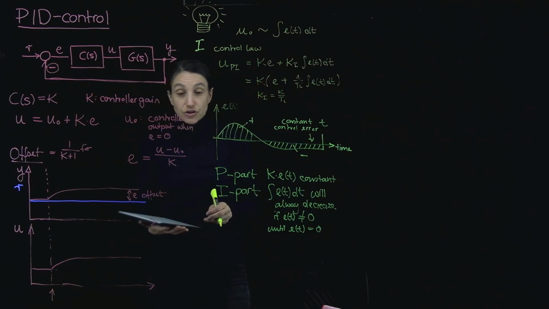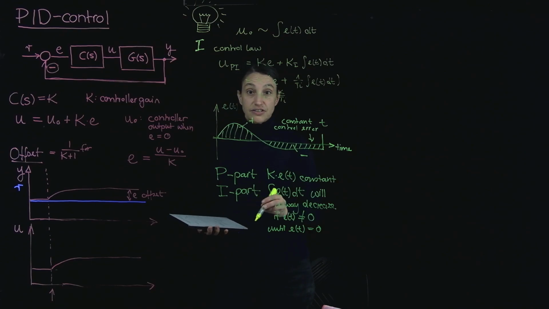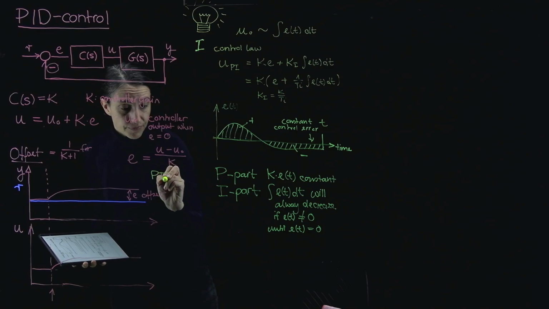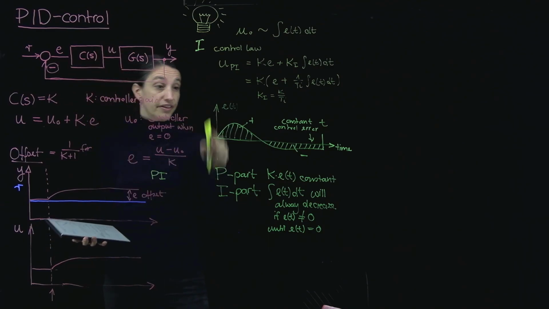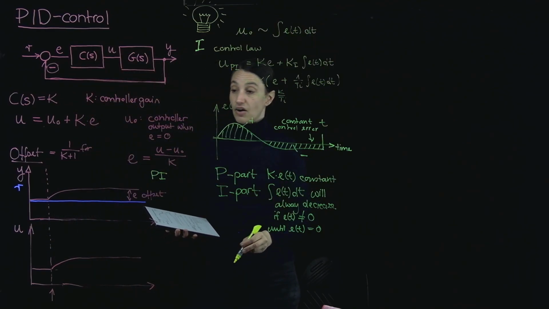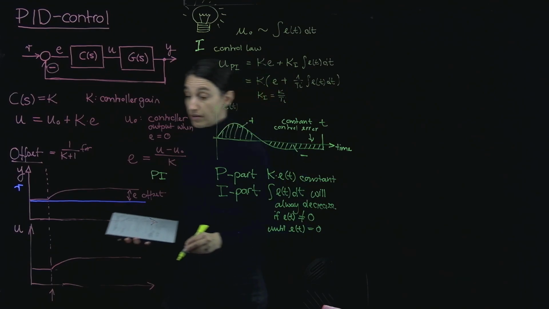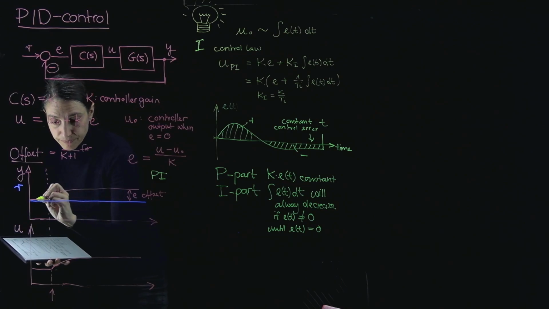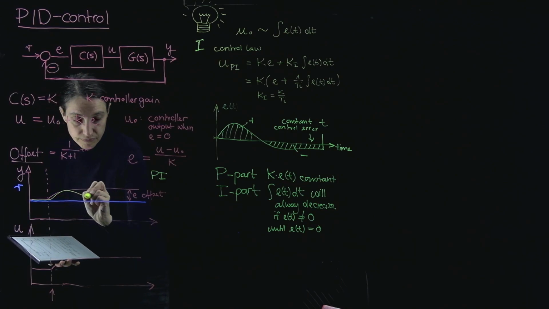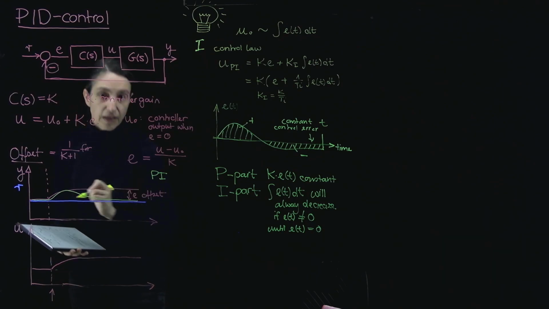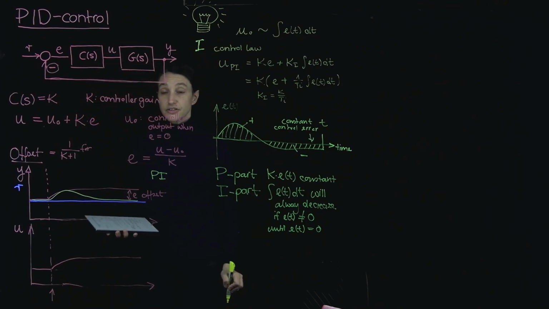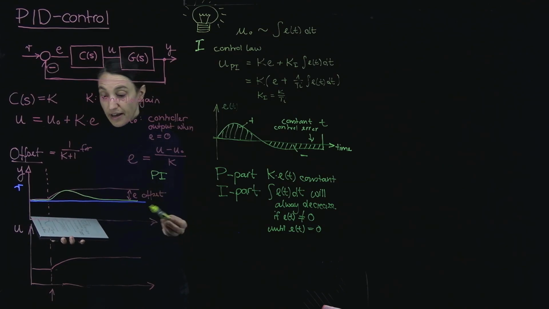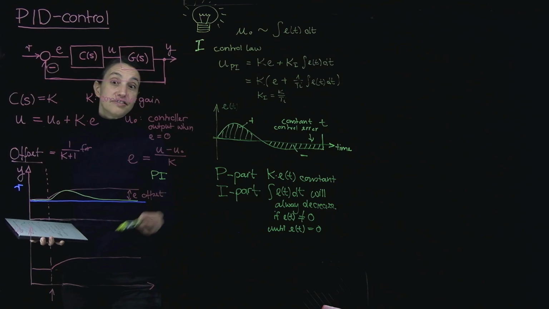Okay. So what does the disturbance rejection look like if we have a PI controller? The pink part here is a P-only controller. The yellow bit here is our PI controller. And what's going to happen is we're going to see the disturbance present for a certain amount of time, but then it's going to decrease.